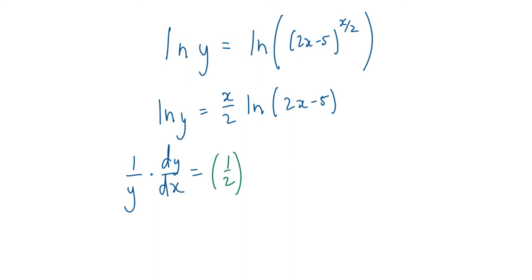So the derivative of the first thing times the second, plus the derivative of the second thing, which is 1 over 2x minus 5 times the derivative of what's inside there, so times 2, times the first thing, which is x over 2.